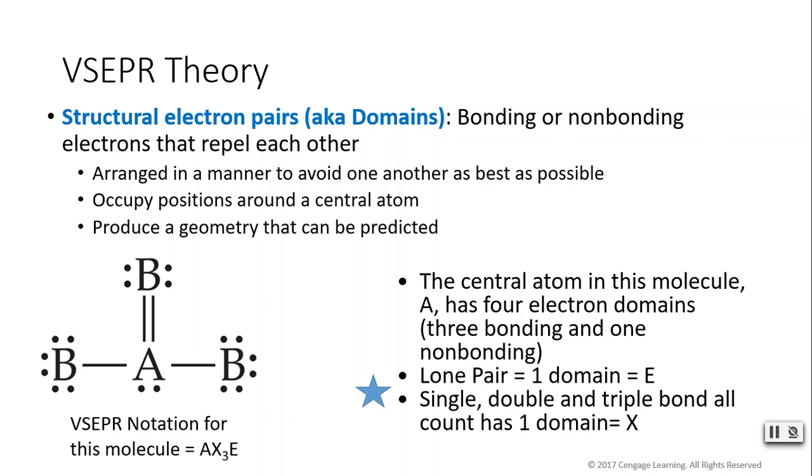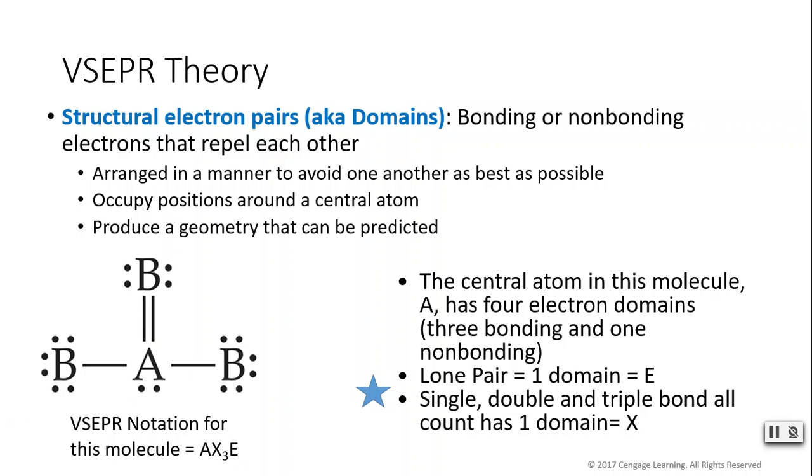And now I need to account for the lone pair of electrons, and we account for that with the symbol E. If you have 1 lone pair of electrons, you would just have a single E in your VSEPR notation. If I had 2 lone pairs on the central atom, it's all about the central atom, I would have a subscript 2.